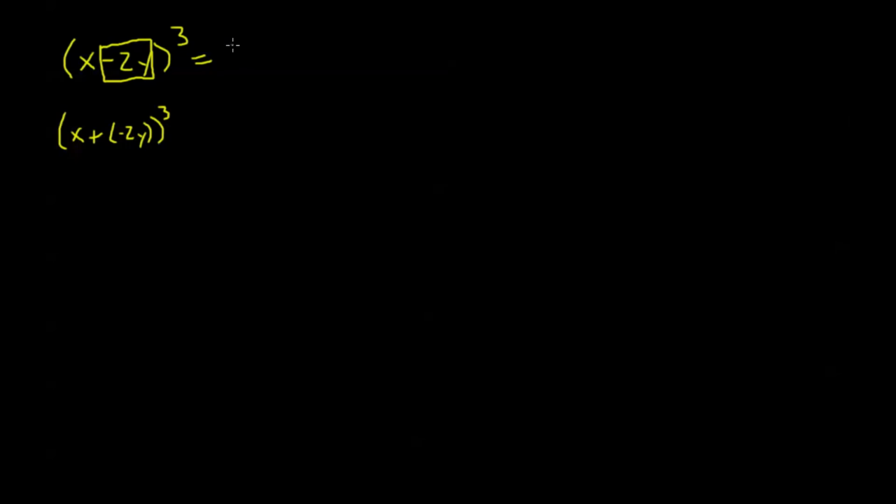So when I do this out, this is going to be 3 choose 0, x to the 3, minus 2y to the 0, plus 3 choose 1, x to the 3 minus 1, which is 2, minus 2y to the 1, right?